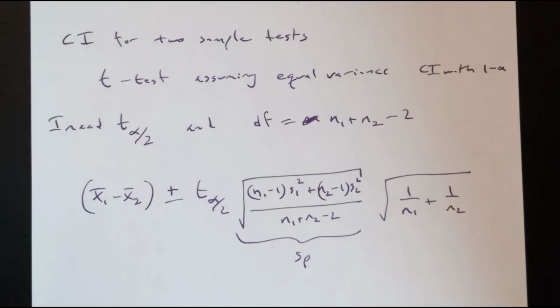Standard deviation times 1 over n. But I've got two n's this time. Okay, that's great. How's this going to change if I can't assume equal variance?